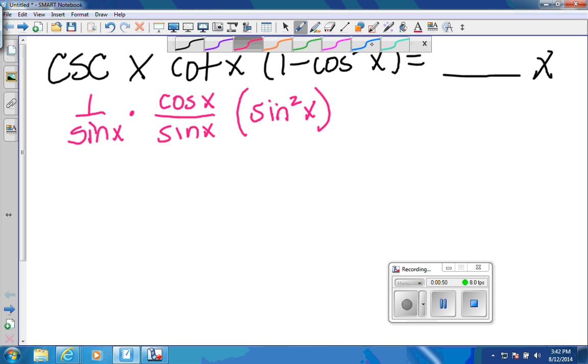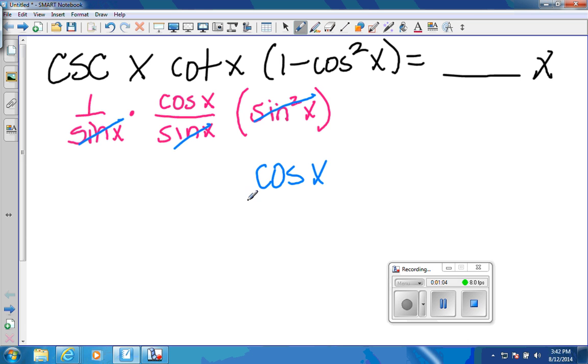And so then a sine and a second sine can get divided out of the denominator and the numerator as well. And then you're left with 1 times cosine, which is just cosine of x. And so that was the part you were supposed to enter.